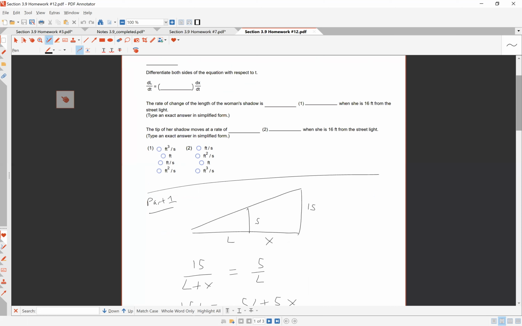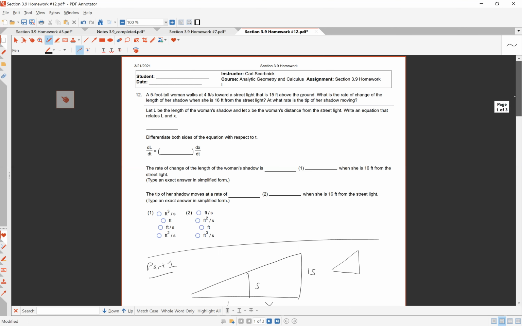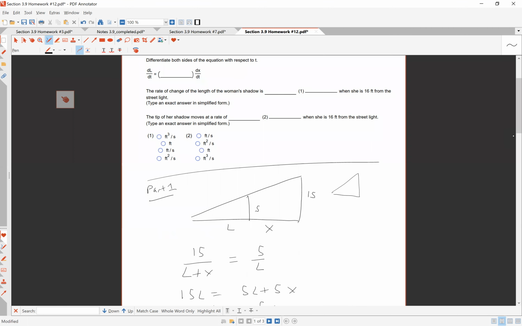We're trying to find a relationship between the distance of the woman from the light and the length of her shadow. The woman is 5 feet tall, and the height of the light is 15 feet.